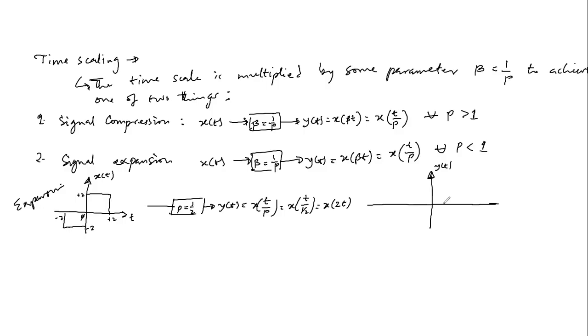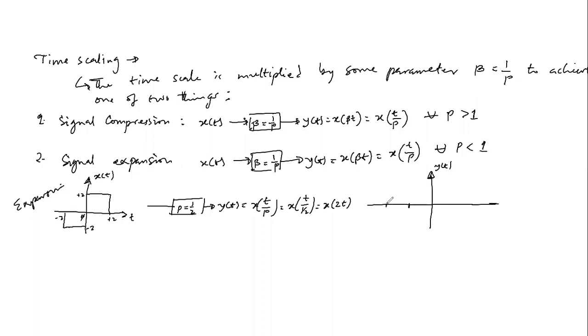So we have 1 here. Let us see, we have 2 here. Then we have positive 4 here. Let's make it look similar. This is 2.